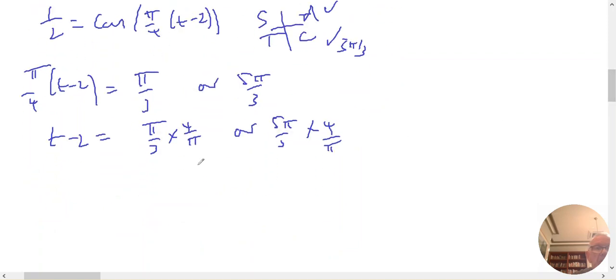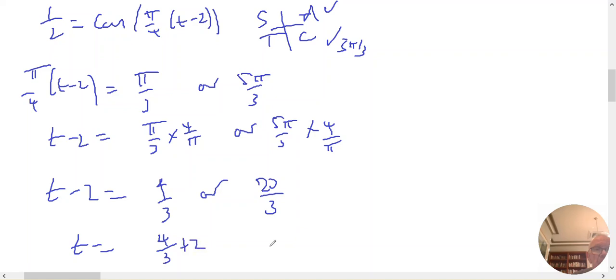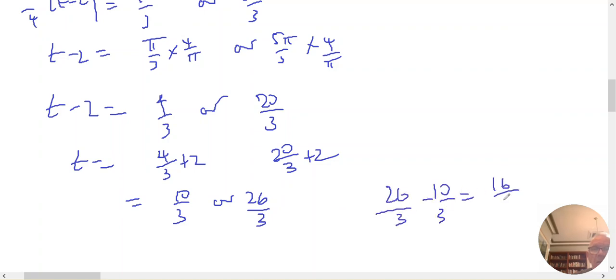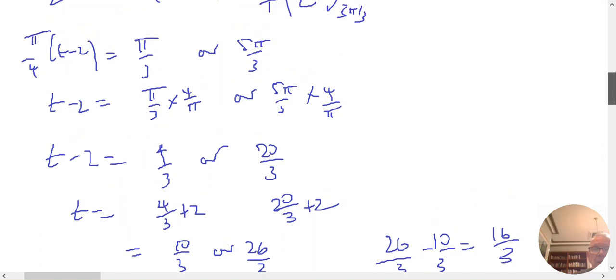My pi's will cancel to leave t minus 2 equals 4/3, or 20 thirds, so that t equals 4/3 plus 2, or 20 thirds plus 2. 2 is 6/3, so that's 10 thirds or 26 thirds, and 26 thirds minus 10 thirds is 16 thirds.